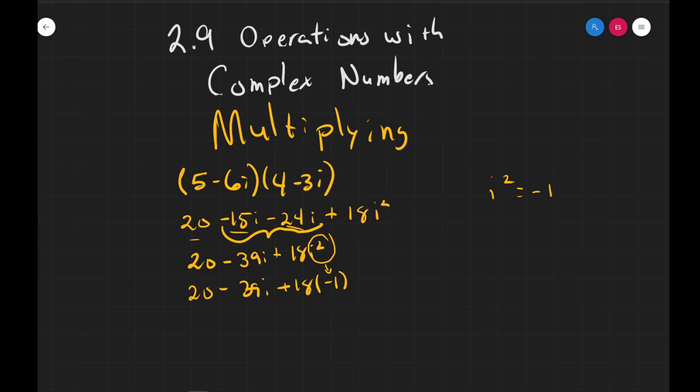So this is essentially going to change the sign on the 18. Everything else is going to stay the same. That stays 20, minus 39i. But now we have this guy here and this guy here, so we should end up with 2 minus 39i.